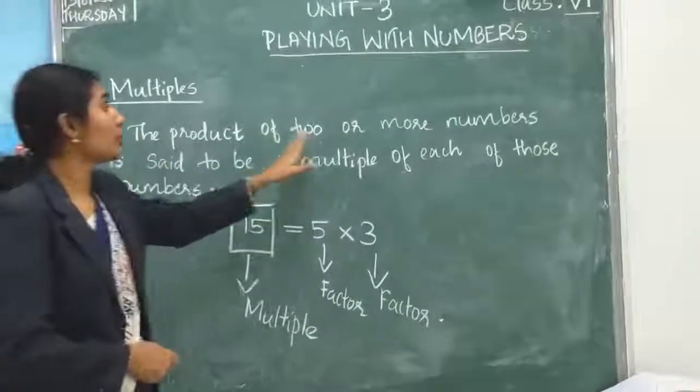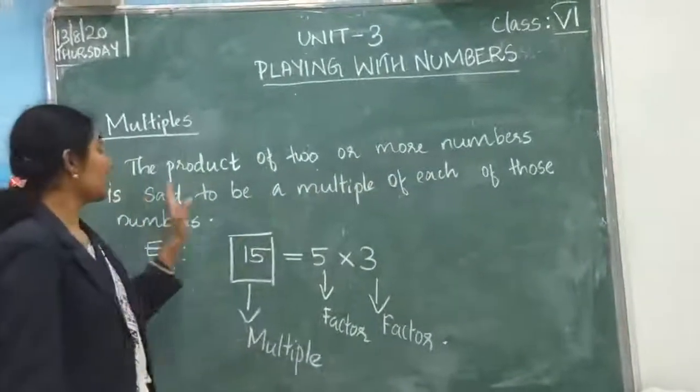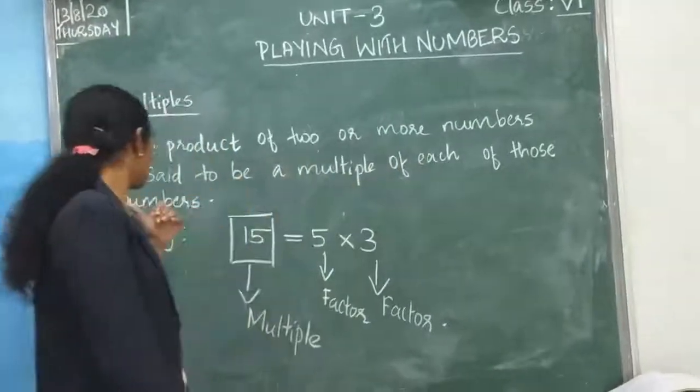The product of 2 or more numbers is said to be a multiple of each of those numbers.